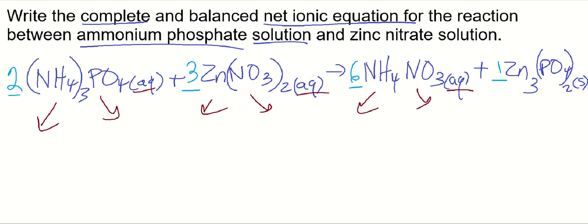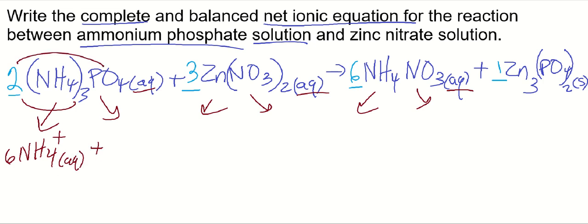If we keep this 3 there, it means they're still stuck together, and they're not. So we need to quantify it in terms of moles. So 3 times 2 is 6 moles of ammonium. Put a charge there for all of these ions. Aq, they're still dissolved in water.